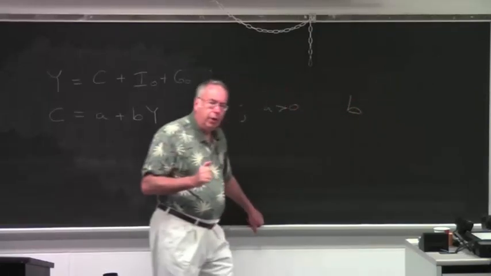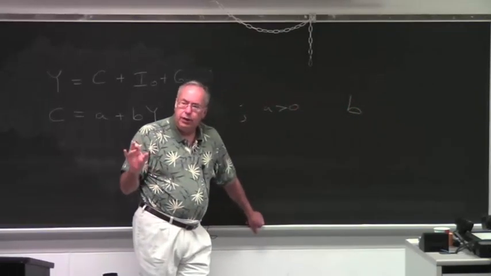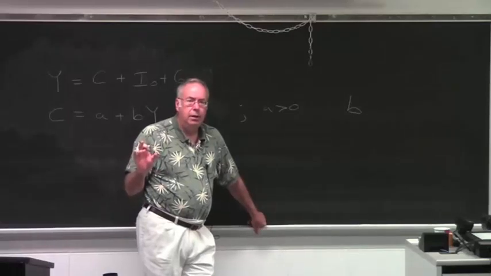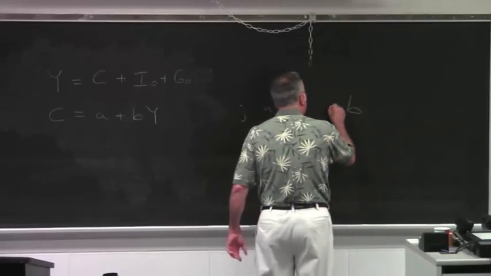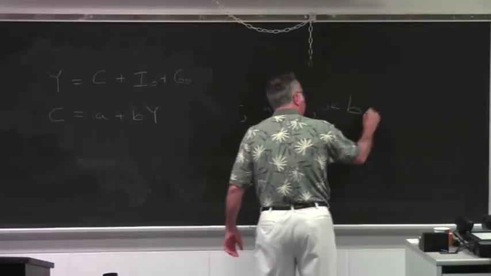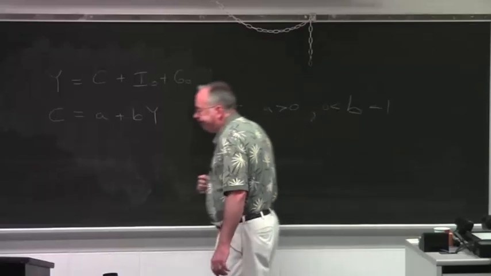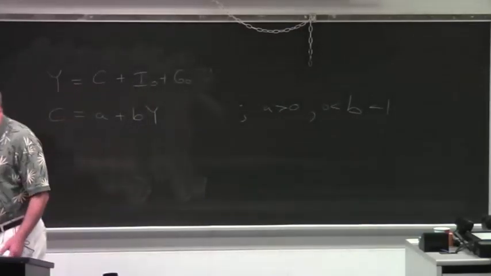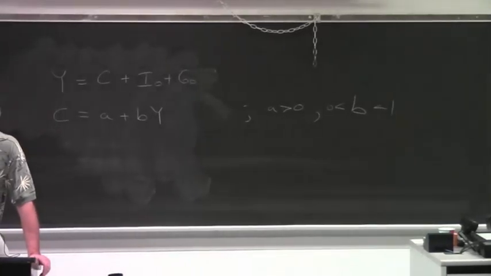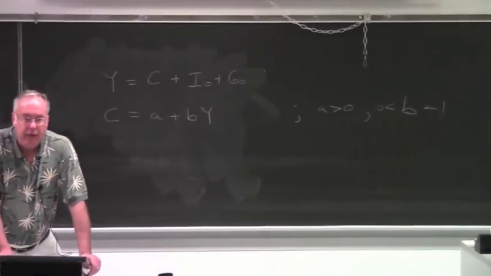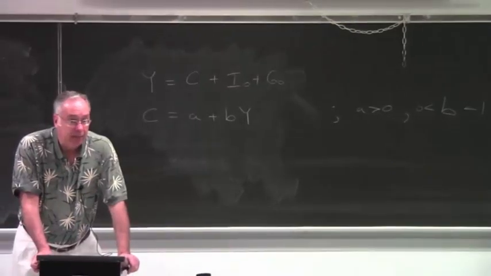The value of the marginal propensity to consume is restricted to be in what range? 0 and 1. Between 0 and 1. Greater than 0, but less than 1. Okay. Now, suppose we're interested in doing a comparative static analysis on the equilibrium value of national income.